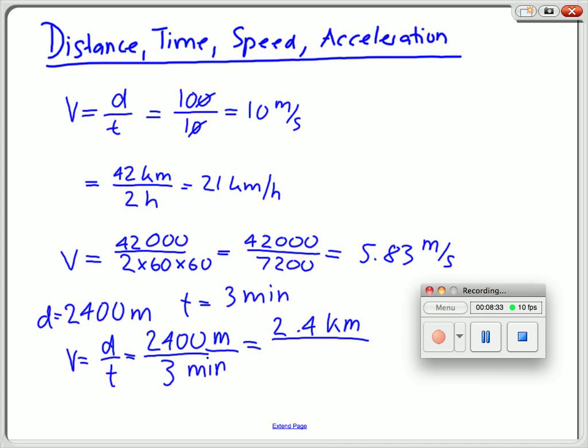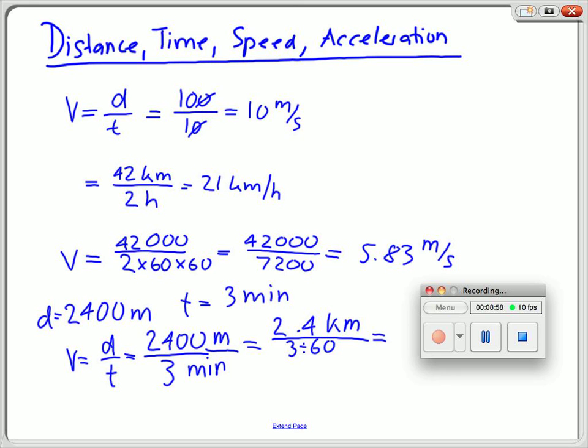And in 3 minutes, well, there's 60 minutes in 1 hour. So I need to say it is 3 divided by 60 minutes. This 3 over 60 is the fraction of an hour that I have. So I get 2.4 divided by 3 divided by 60.